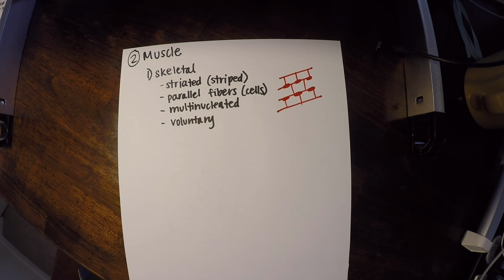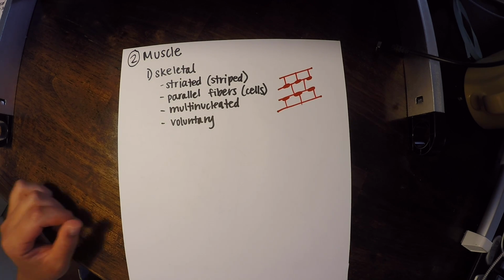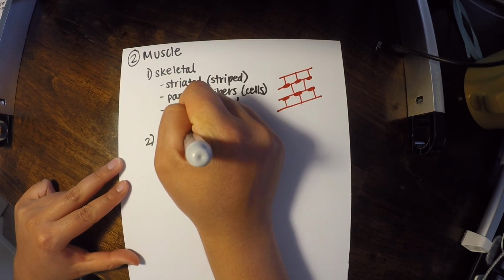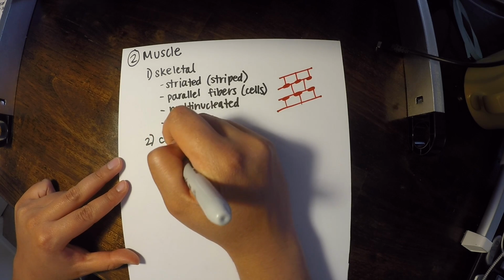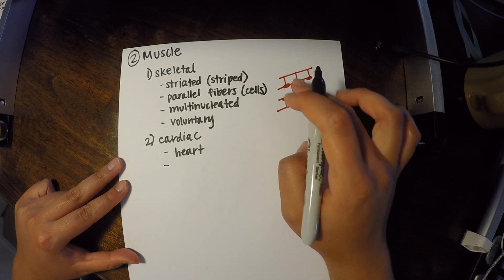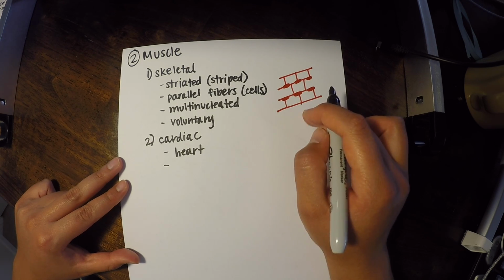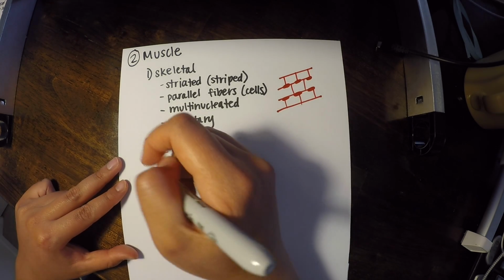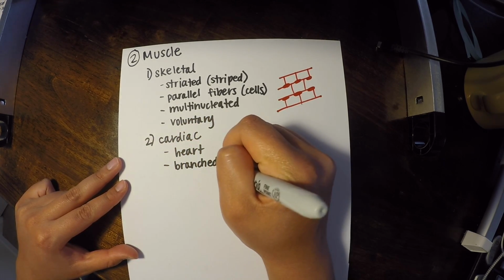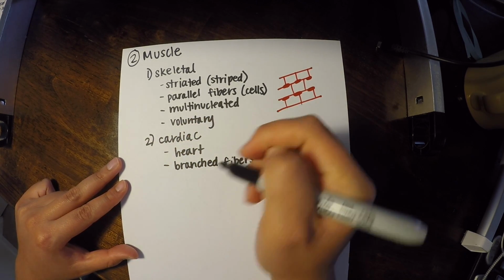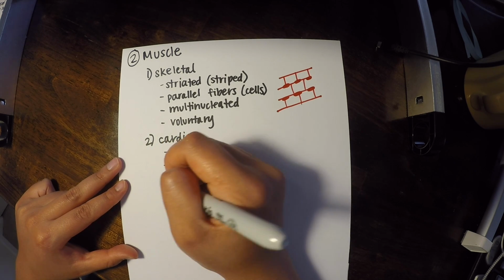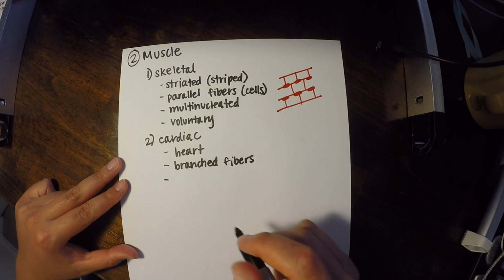Now, the second type of muscle tissue is cardiac muscle. That is in your heart. Instead of having parallel fibers like in skeletal muscle, you're going to have branched fibers. You're going to have something called intercalated discs.